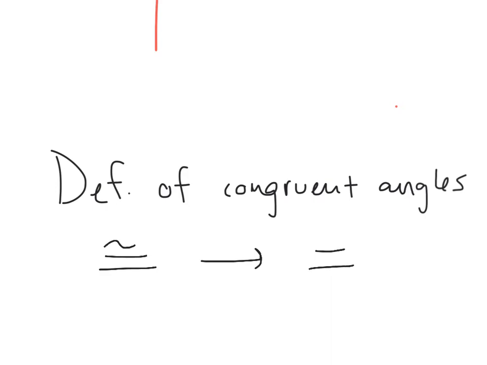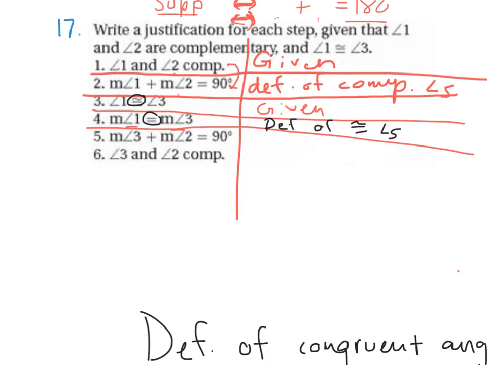Since it's a definition, it's biconditional, so it works both ways. If two angles are equal, then they are congruent. So in this case, it gives us two angles are congruent, and we're saying that they're equal, so this is the definition of congruent angles.